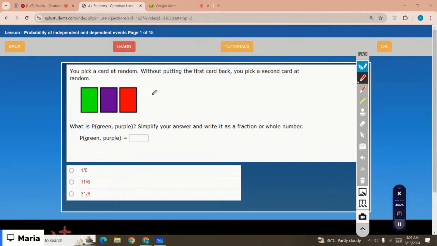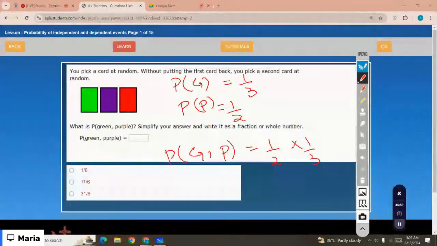So the probability of green is 1 out of 3 for the first time. The second time you have two cards. For the purple you have 1 over 2. So you have to do 1 by 2 times 1 by 3. Which is the correct option?